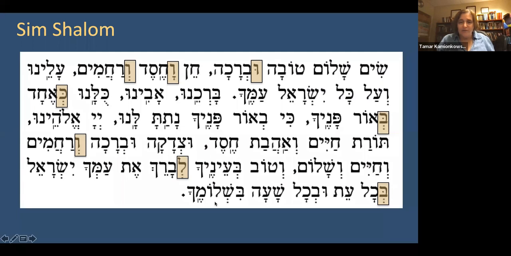And so, for example, the very last word here, bishlomecha, is a combination of the noun shalom, peace, with the preposition bet, so in peace or with peace. And then this cha at the very end means you, masculine. So all of this together, bishlomecha, is conveying what takes us a few words. In your peace, right? Or through, by your peace.